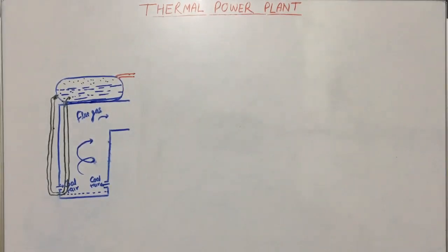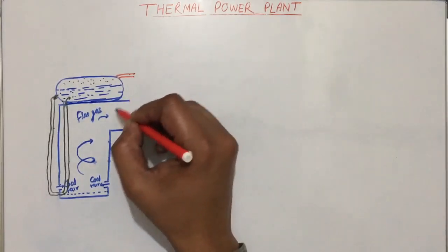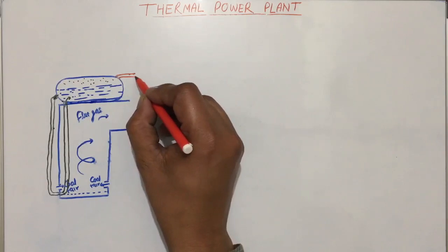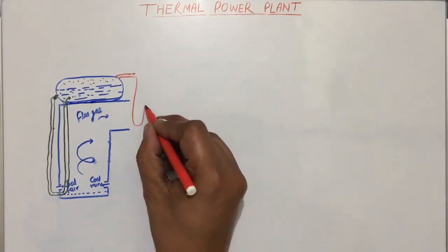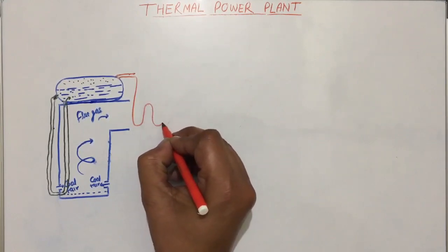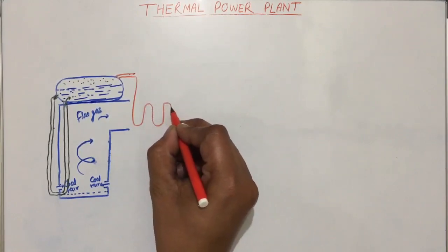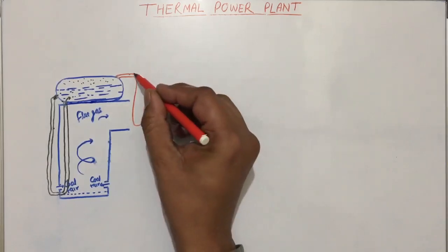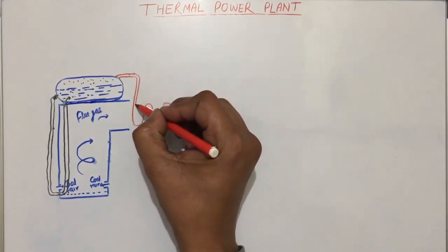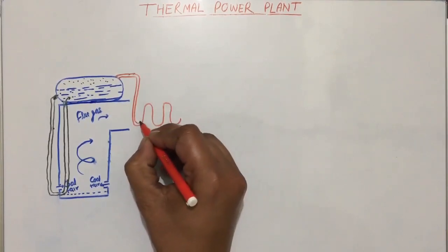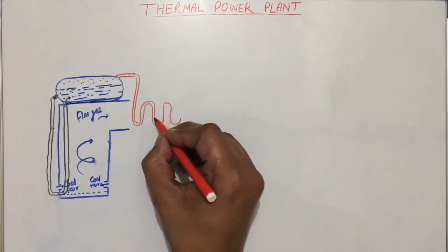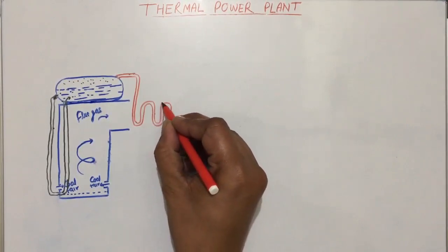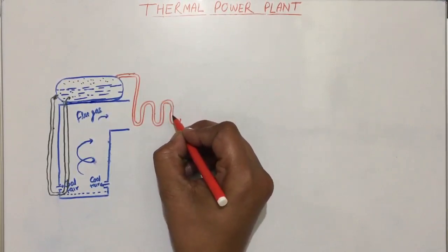However, it is not so. In the last lecture we discussed that this steam is further heated up with the help of a superheater, in which the heat of the flue gases can be further utilized to increase the temperature of the steam.